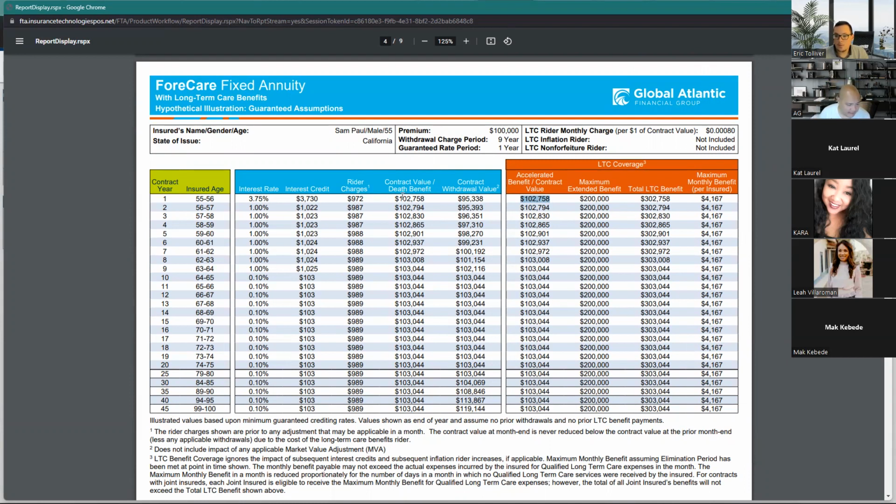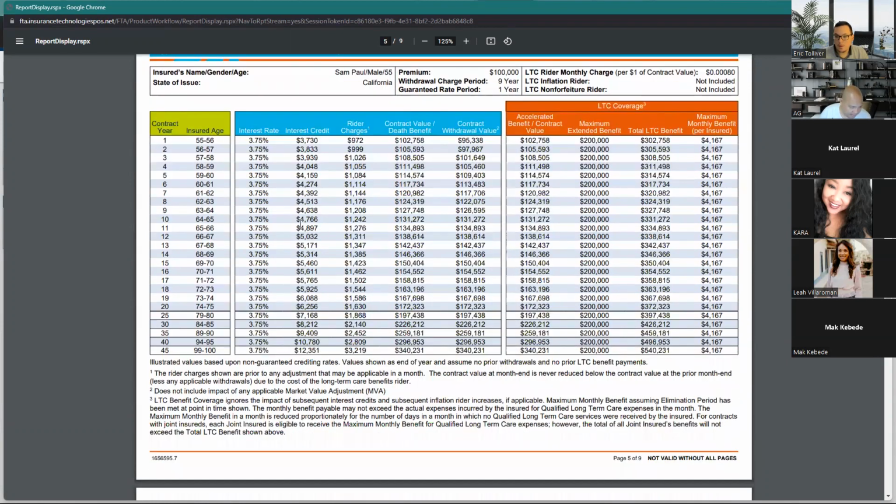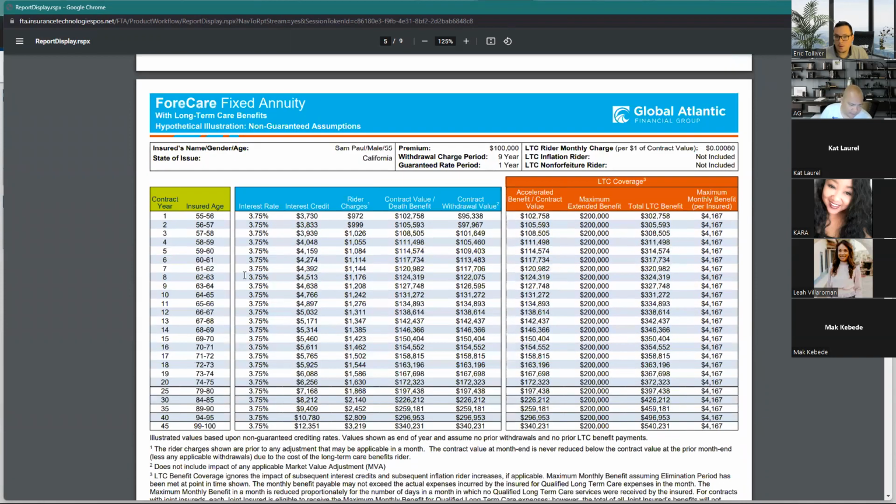But this is still his contract value. If he dies, that's why the death benefit here is not based on 300,000, it's based on the contract value of 100,000. By the way, this is the interest rate. They said it's not guaranteed, but they said they've never lowered it for the longest time. As a matter of fact, it's all been going higher.